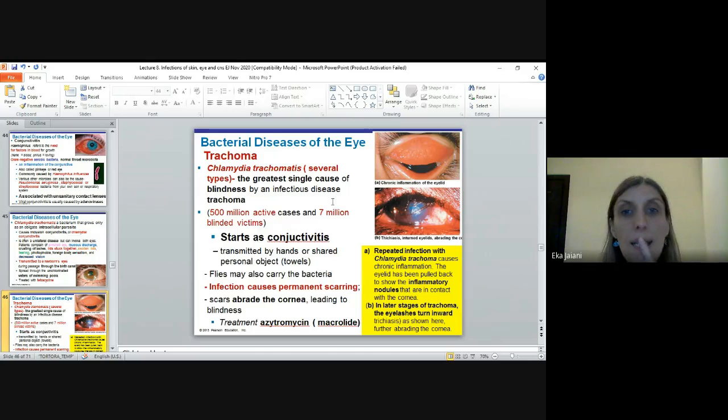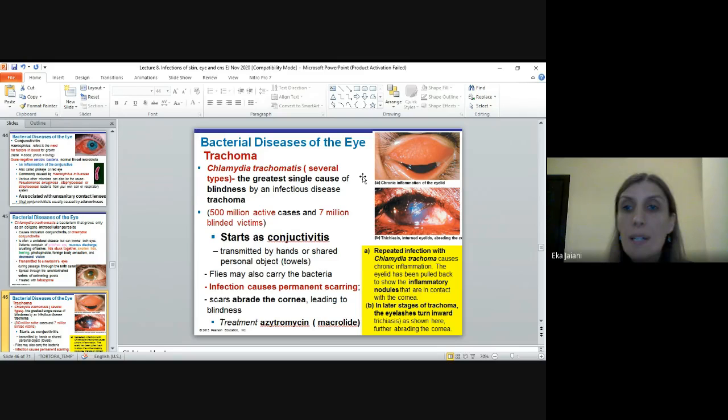Trachoma is also caused by it. This is a more severe eye infection caused by Chlamydia trachomatis. Nowadays this chlamydia is named Chlamydophila, so I have to change this in the presentation. It causes trachoma and can lead to blindness.